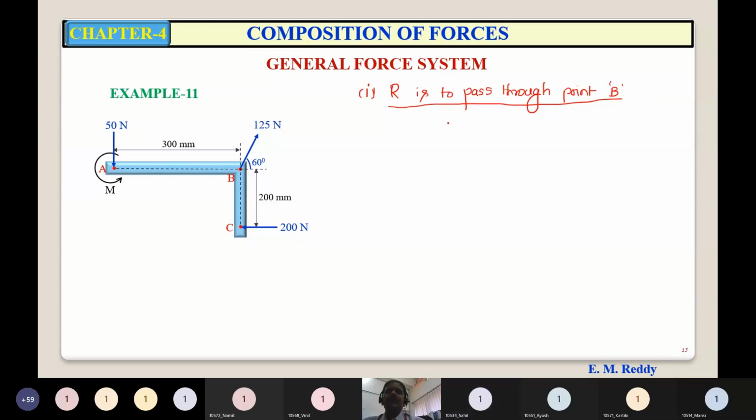So as per Varignon's theorem, the algebraic sum of the moments of all forces about point B is equal to the moment of resultant about the same point, which is equal to 0, because the perpendicular distance is 0. The line of action is passing through it. So now let us take the algebraic sum of the moments of all these forces about point B.